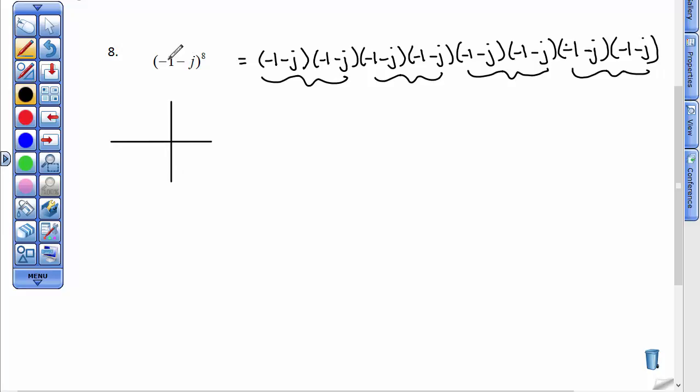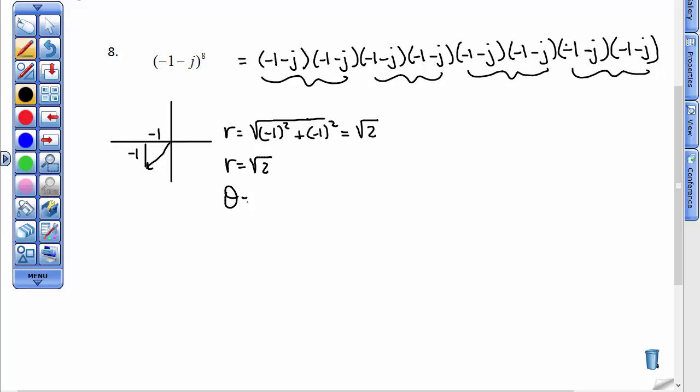So think about this minus 1 from the origin. Go to the left 1 and then go down 1j, and think about this as a vector. The right triangle here is going to have a -1 here and a -1 here. When you put that into the Pythagorean theorem, the -1 squared is a +1, and a -1 squared is a +1, and 1 plus 1 is 2, so the square root of 2. So the r value for this one is the square root of 2.